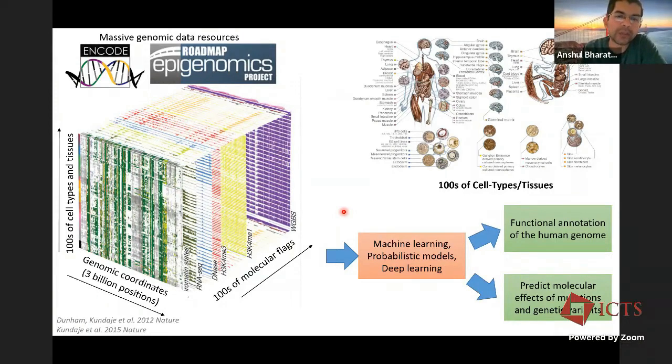Each of these experiments gives you a profile across the entire genome. So one axis is the genome, 3 billion positions. The other axis is hundreds of molecular measurements in that genome. But there's a third axis, which we didn't talk about yet, which is hundreds of cell types and tissues, right? So this massive teracube of information, digital readouts from experiments.